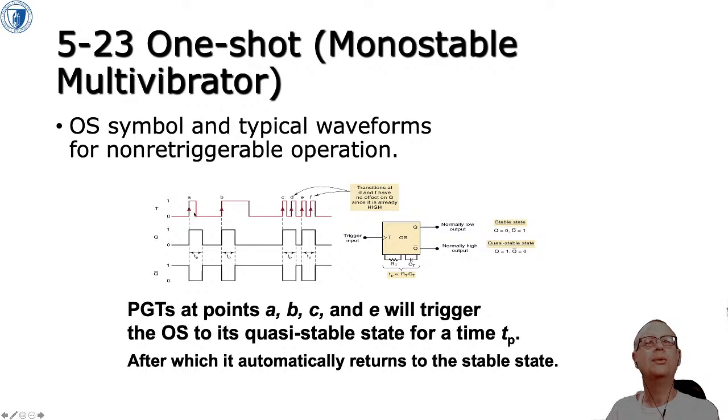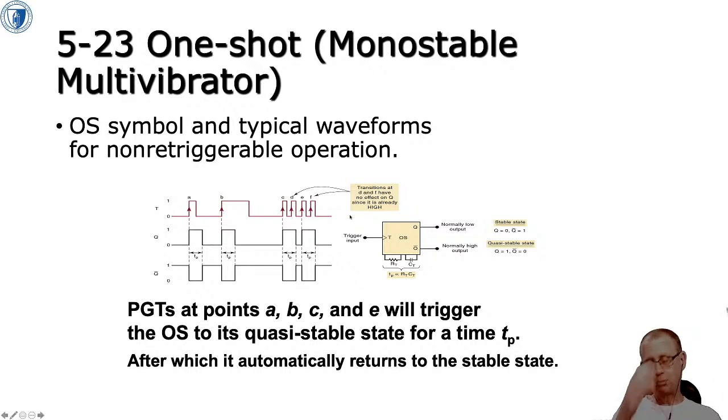Right, so as soon as you get the trigger, you output that pulse, and if the trigger input is shorter than the pulse, it doesn't matter. The pulse that comes out is TP in this case. If the pulse that goes in is longer than TP, it doesn't matter. The pulse that comes out is TP long.